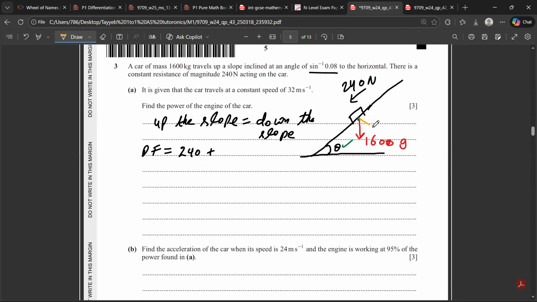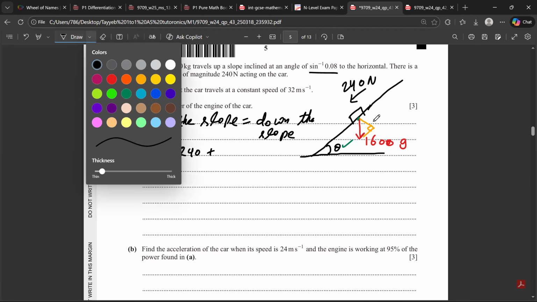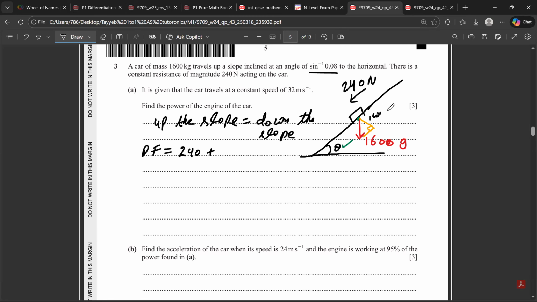Weight is also acting downward. So we need to break the weight into two components, 1600 g cos theta and 1600 g sine theta. Okay, so we need that 1600 g and then sine theta.